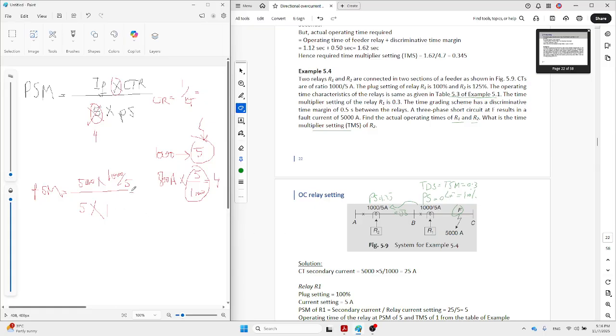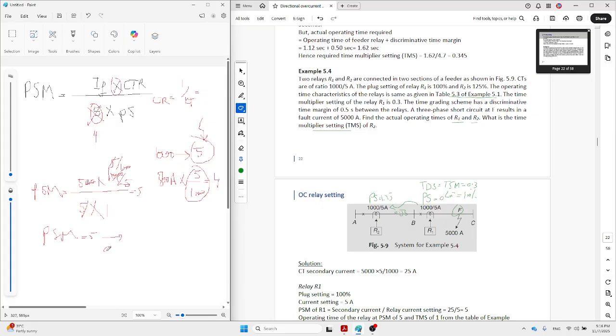I can see this is the wrong one; this should be 5 over 1,000. So this 5, this 5, this 1,000, and these zeros, the last one is only 5. So PSM is equal to 5 for relay 1.